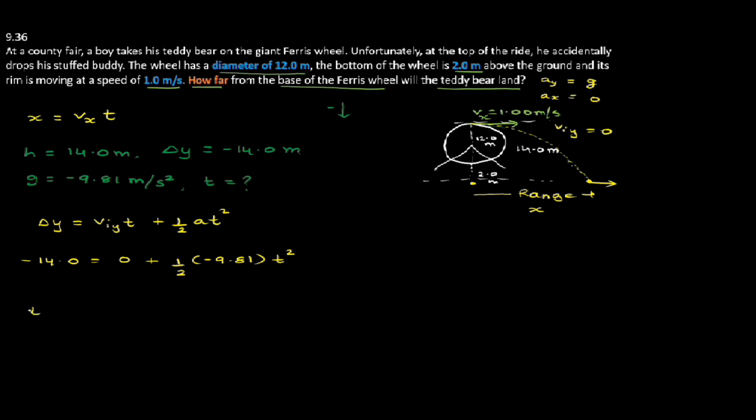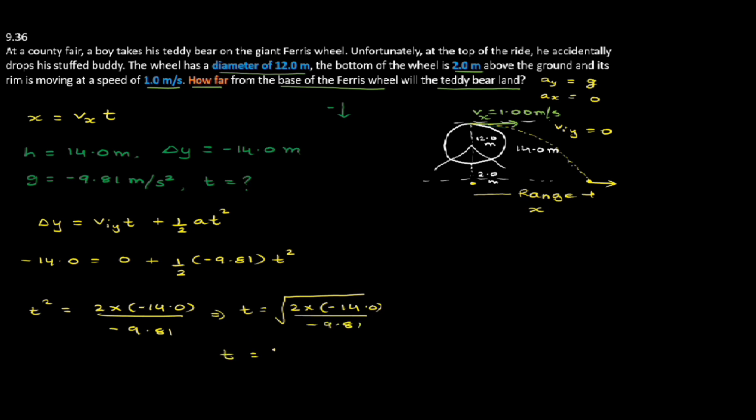When I rearrange, I get t squared equals, multiplying by 2 on both sides, 2 times negative 14 divided by negative 9.81. And since I'm finding t, I take the square root on both sides. So t equals the square root of 2 times negative 14 over negative 9.81. And when I solve this, I get my time as 1.689 seconds. So this is the time it takes for the teddy bear to fall from a height h to the ground.